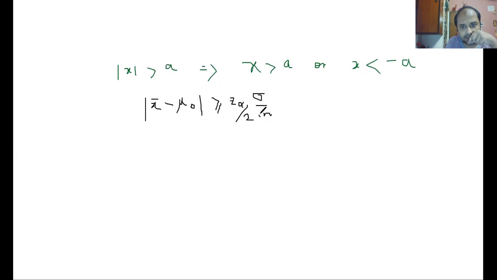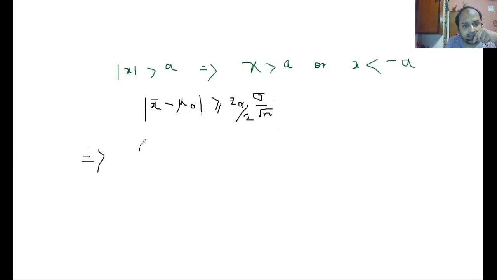Okay, sigma by root n. Now you can apply this particular theory of real numbers to this quantity. So what will I get? I'm comparing this section with this one. If I apply this real number inequality theory to this problem, what will I get?